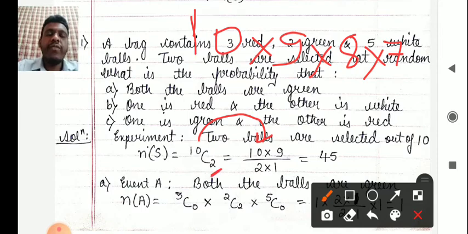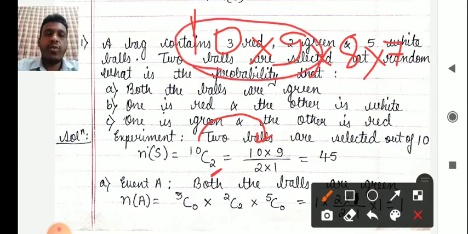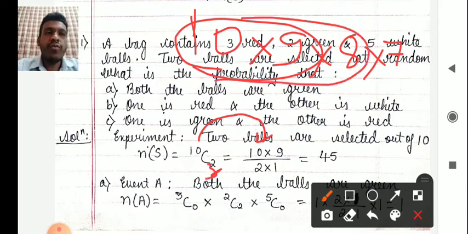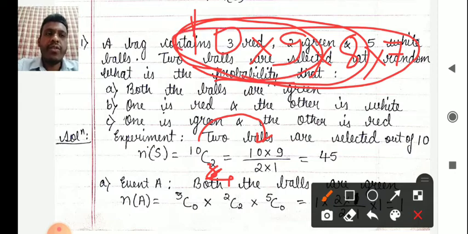In this case we have 2 at the bottom, so only two numbers you have to take: 10 into 9. Suppose it was 3 instead of 2, then you would go 10 into 9 into 8. Suppose it was 4 at the bottom, then 10 into 9 into 8 into 7 would come, and so on.